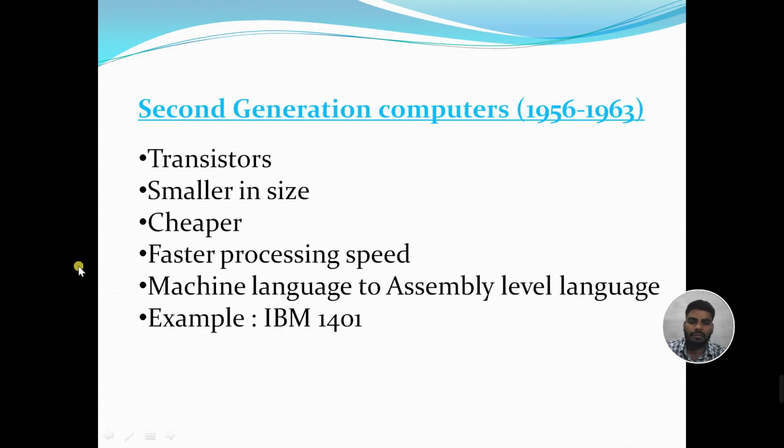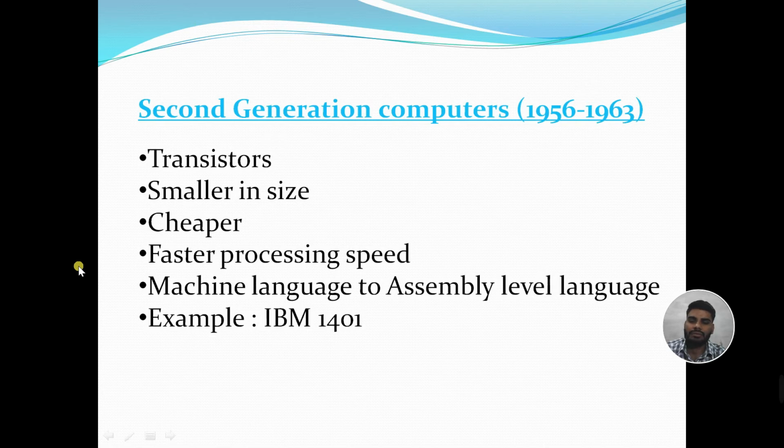Now in this generation, assembly level language was used for programming instead of machine language. An example of second generation computers is IBM 1401.